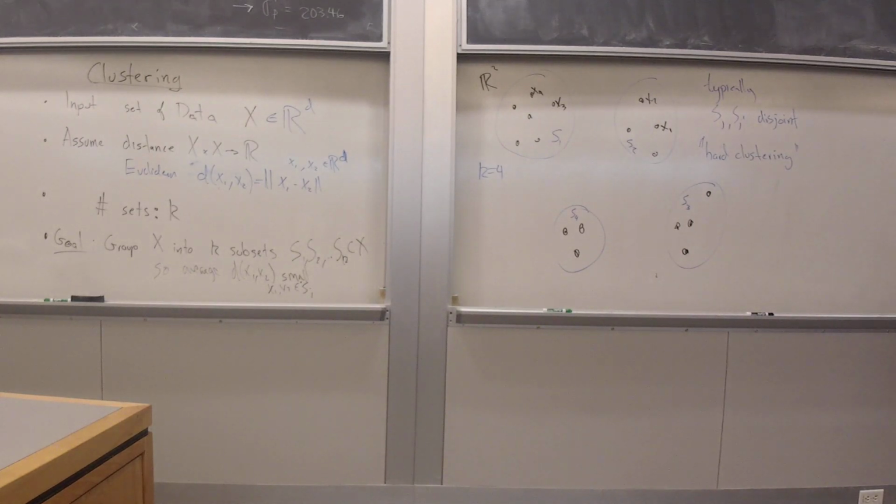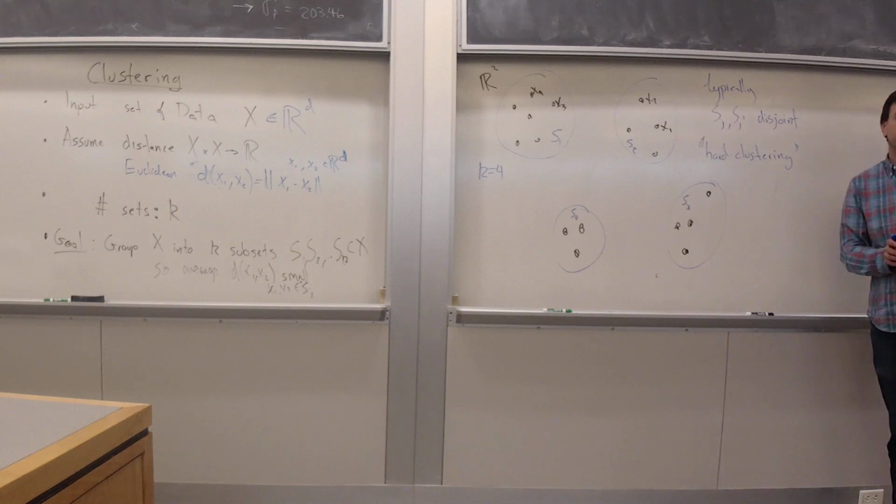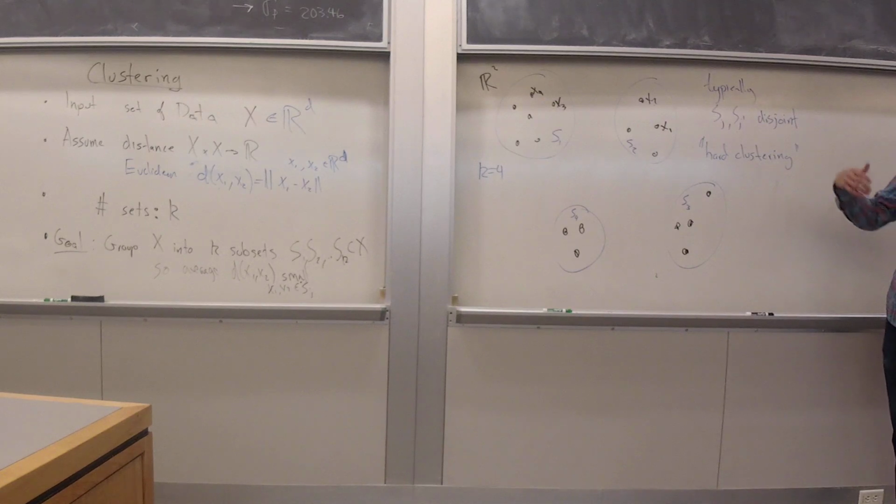In hard clustering, you are finding a partition. Okay. Yeah, so it's actually going to be a partition. I also want every data point to be in one of these things. That's typically the goal. That's not always the goal. Sometimes you say, I want to allow some outliers, which I don't put in a cluster, and I either want to explicitly identify them, or I don't necessarily need to, and there's all sorts of these variations.